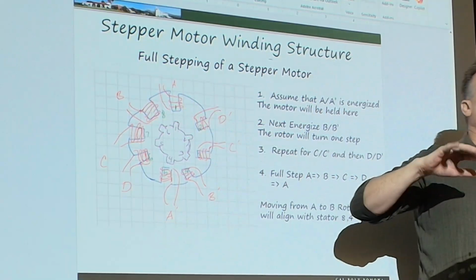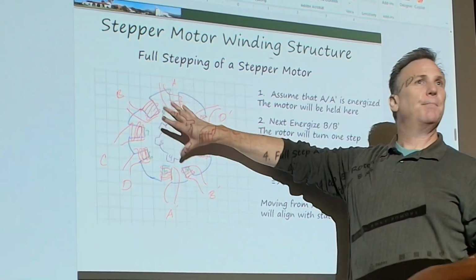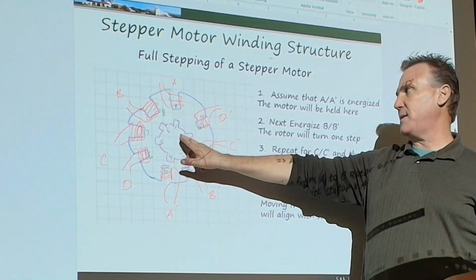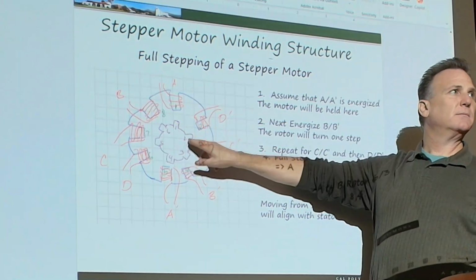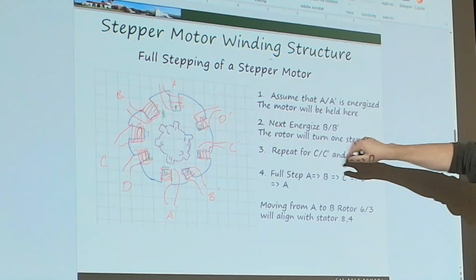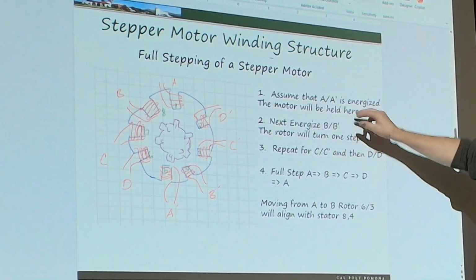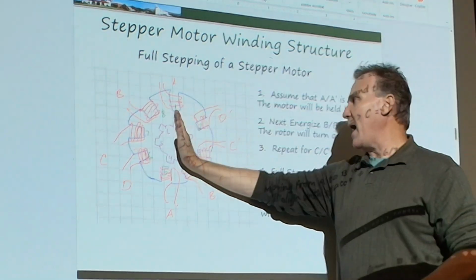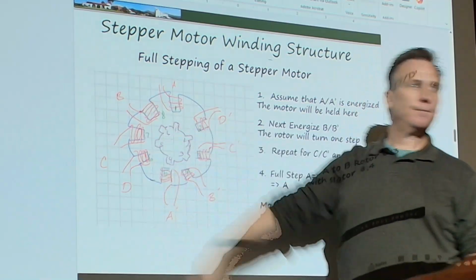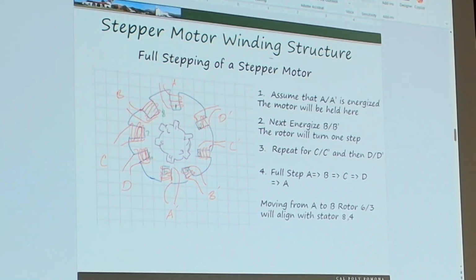So that's why we don't call it plus minus, we call it A and A prime. Because these will flip halfway as that rotor goes around. You all see that? So that's all we're saying right here. So we're going to energize A, then B, then C, then D, and we're going to drag the rotor with us. So far, so good. That's the theory of the stepper.